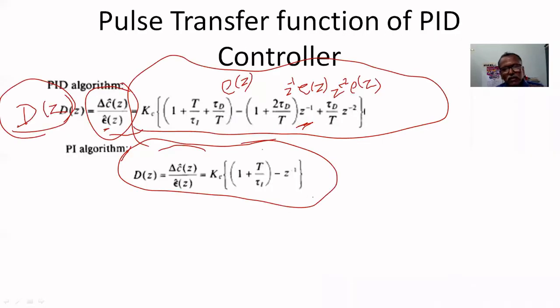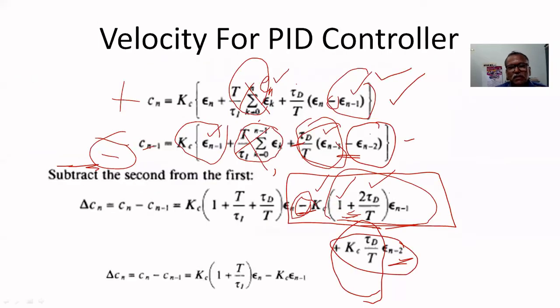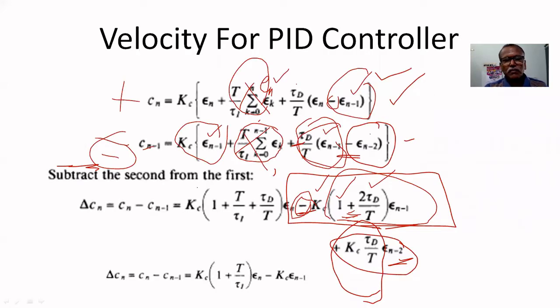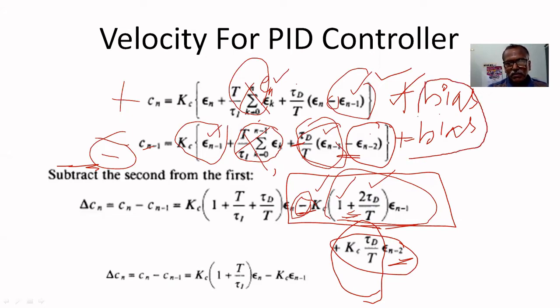The second advantage is, here if you see the position form, it will be plus some initial value, bias. Here, plus bias. If you subtract, the bias gets cancelled, but bias is not required because it always adds the previous controller output in its output.